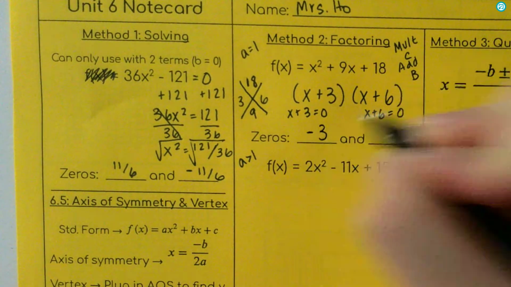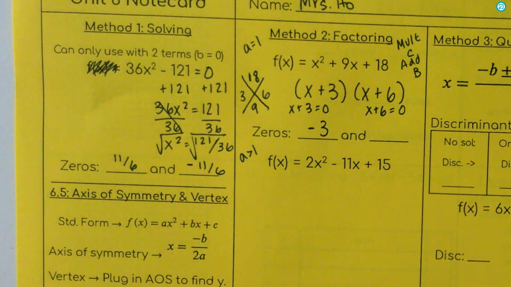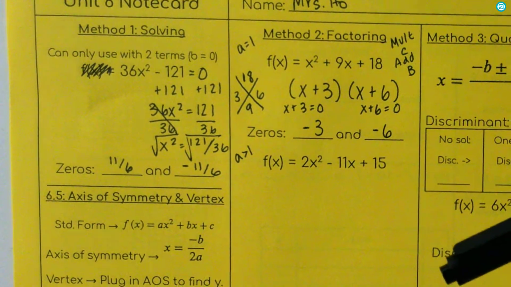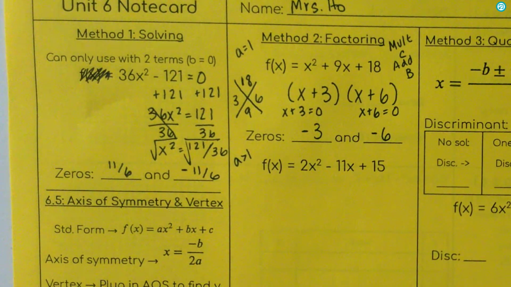We will get a 0 at negative 3. This one will subtract 6 on both sides. We'll get a 0 at negative 6. So that's called the zero product property, is us ultimately finding the zeros by setting each factor equal to 0.